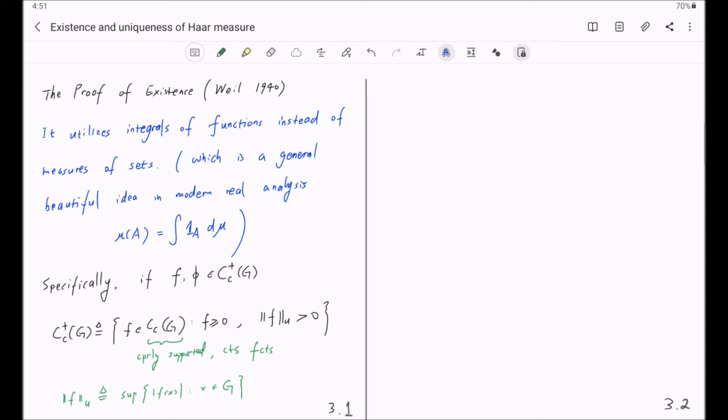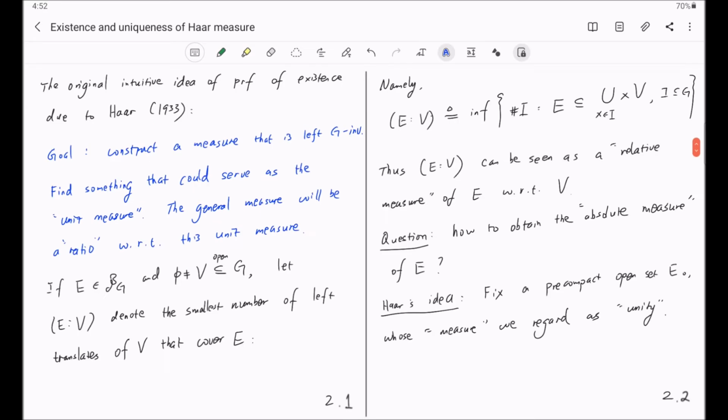Now we will define the analog to the Haar covering number of f with respect to phi. And remember, in Haar's original idea, this (E : B) is what I meant by Haar covering number. Maybe I should write this down.